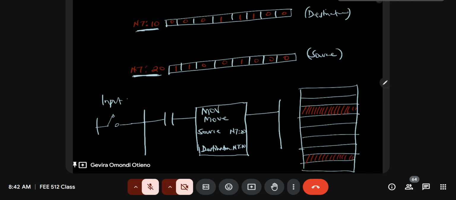Let's say this address here is your N710, and this is your N720.